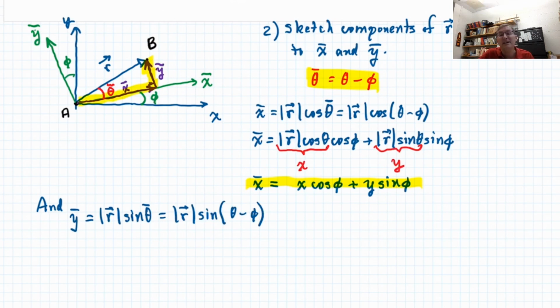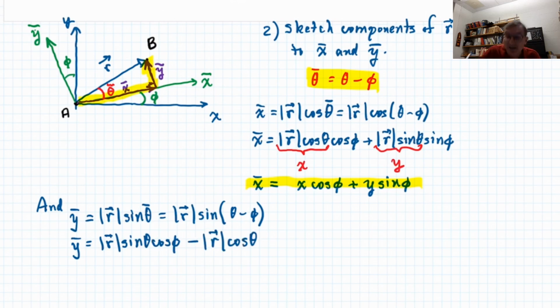And now I use the trig identity for the sine of the difference of two angles. So I get y bar equals r magnitude sine theta cosine phi minus r magnitude cosine theta sine phi.